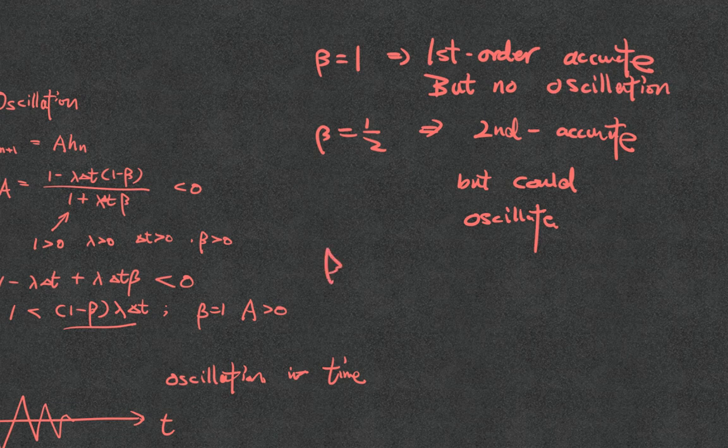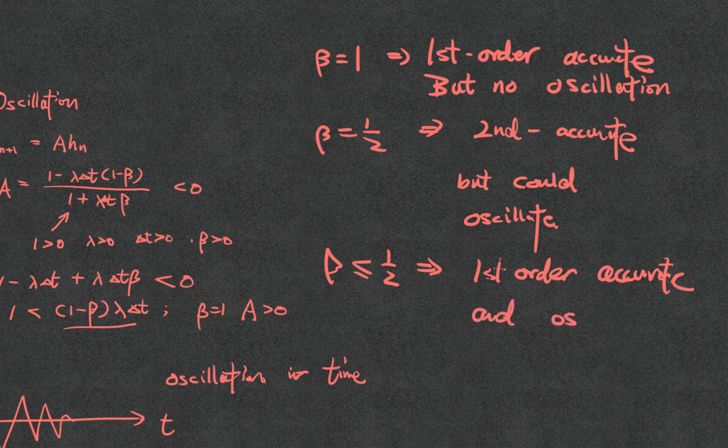Or I can pick any beta that is smaller than or equal to 1/2, and then I will have first order accuracy, and it would oscillate. So basically, all three choices are feasible, but they have pros and cons, like anything in life.